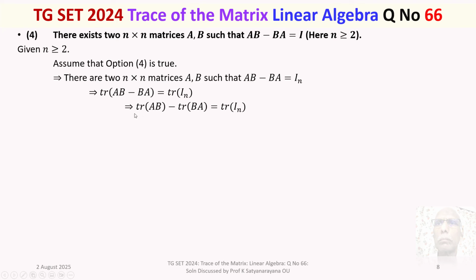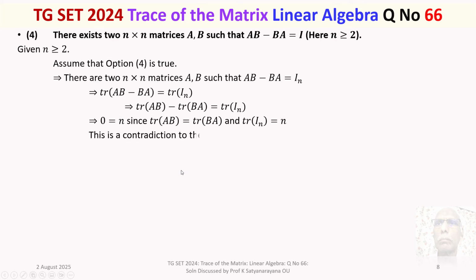We know trace of AB is equal to trace of BA for all n by n matrices A and B. So this will be equal to 0 is equal to trace of I_n, which is n. So we get 0 is equal to n. This is a contradiction to the fact n is greater than or equal to 2. Therefore, this contradiction tells us our assumption, that option 4 is true, is false.